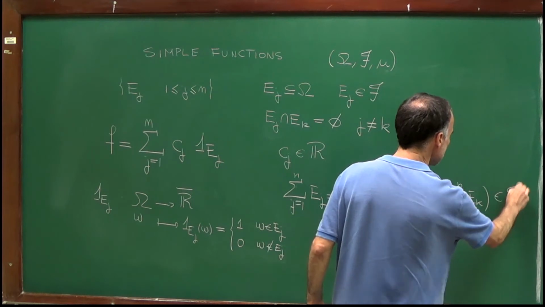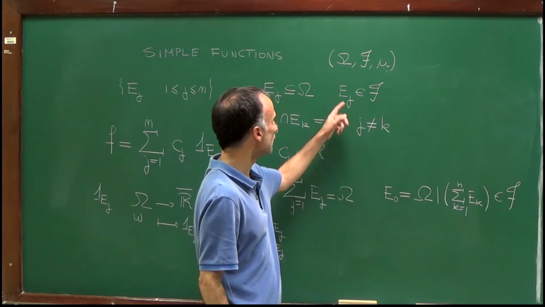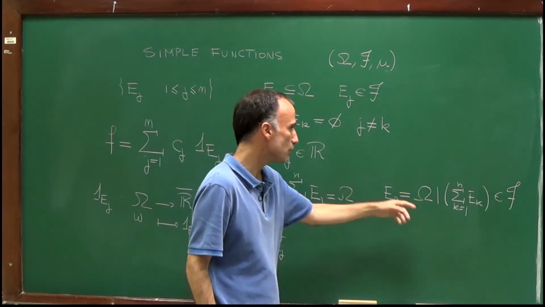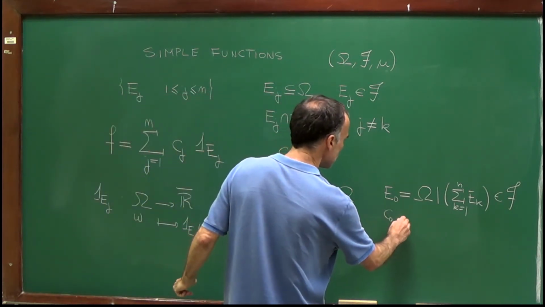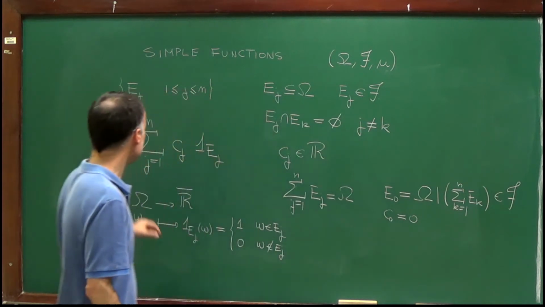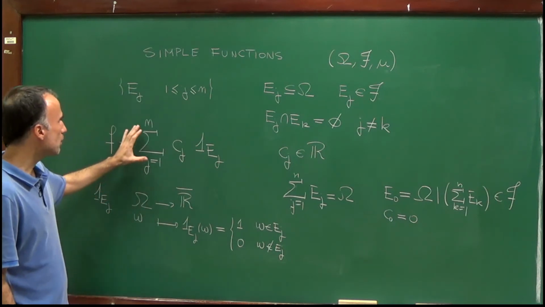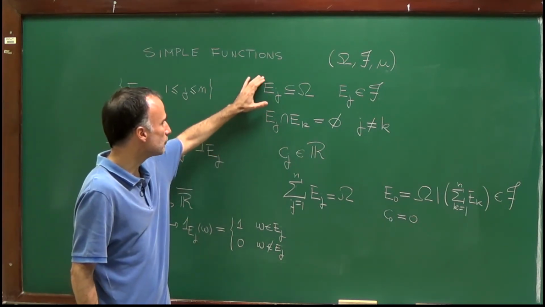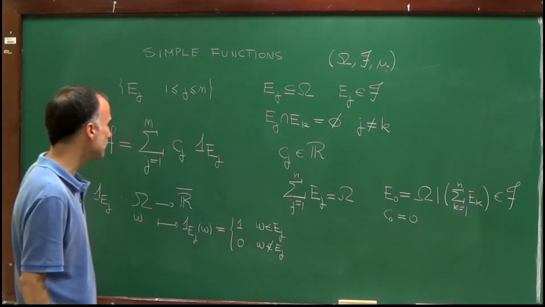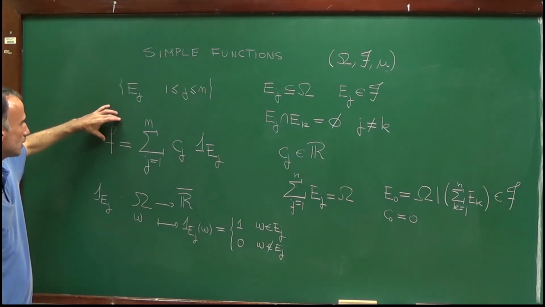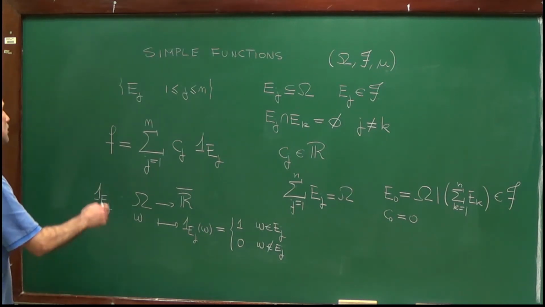Clearly, E_0 is an element of the sigma algebra F, and E_0 has no intersection with all the other sets. And here I can just assume c_0 to be equal to 0 and rewrite this expression as a sum from 0 to n. So there is no loss of generality requiring that this class of sets E_j forms a partition of the set omega. And if I can write a function f in such a way, I will say that f is a simple function. So this is a definition.